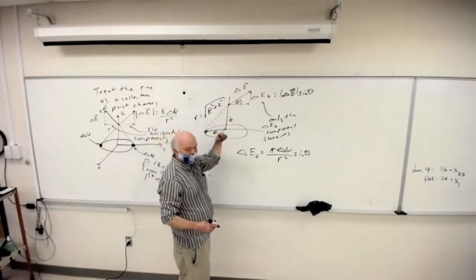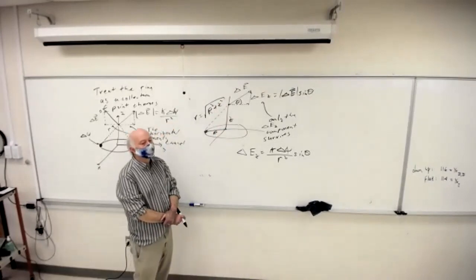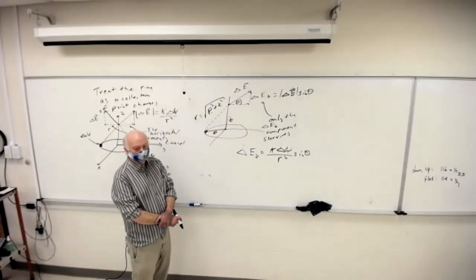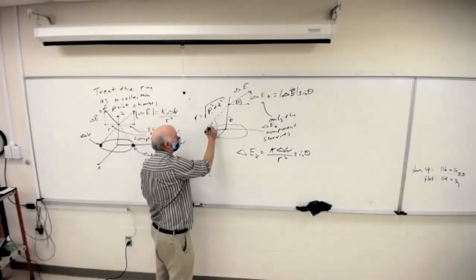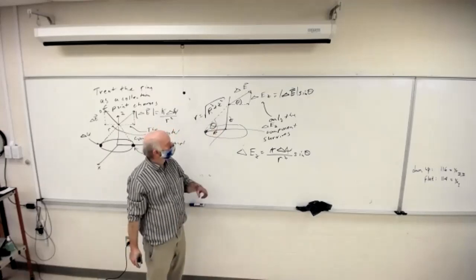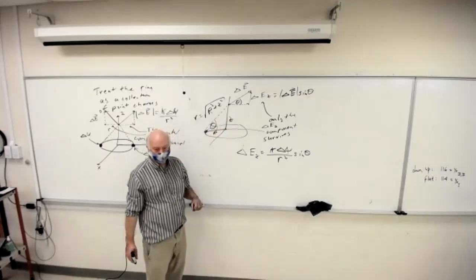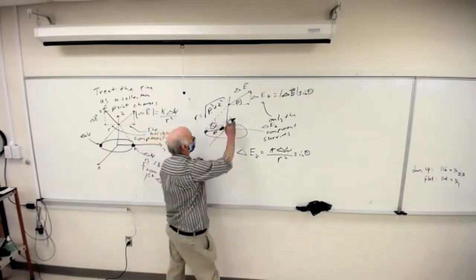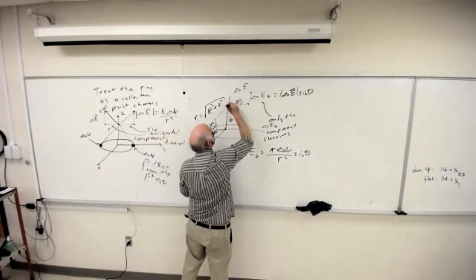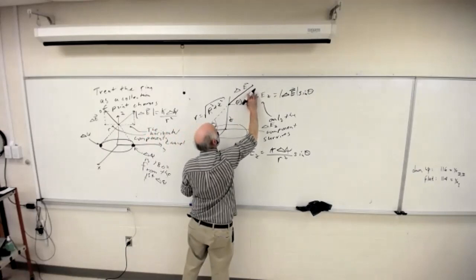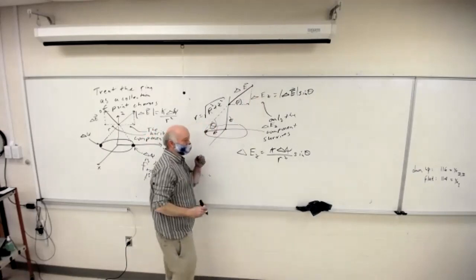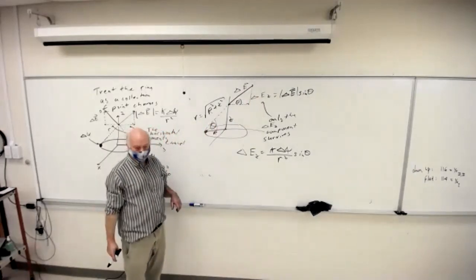Where else is theta here? This is also theta. Yeah, this angle, this angle, this angle. If I draw this a little more straight, with a little curve like this, it's a little more obvious. Right?